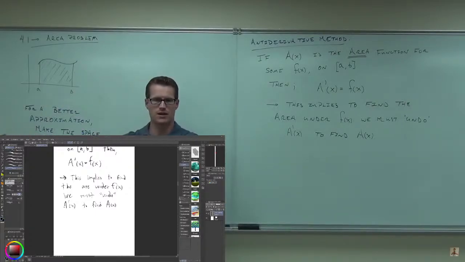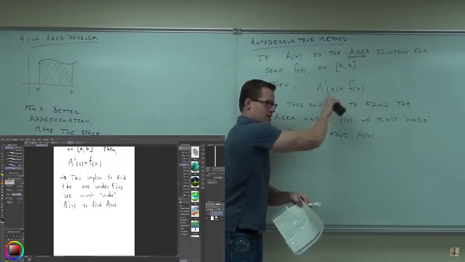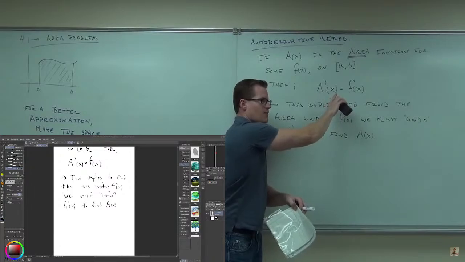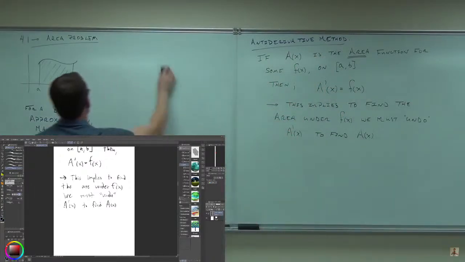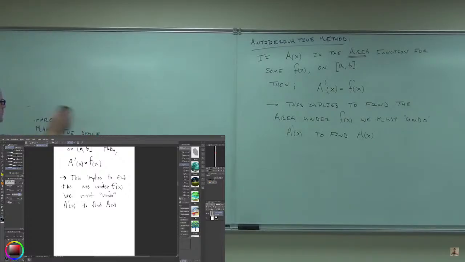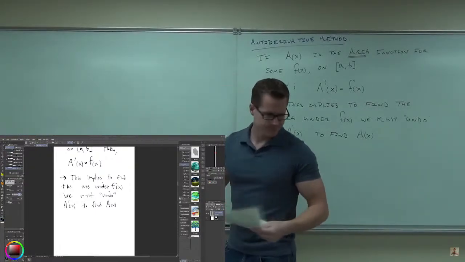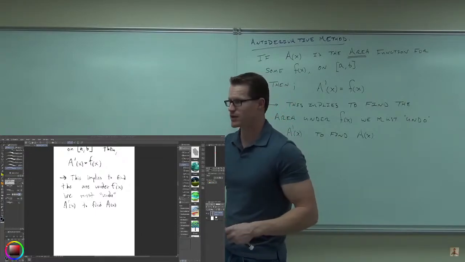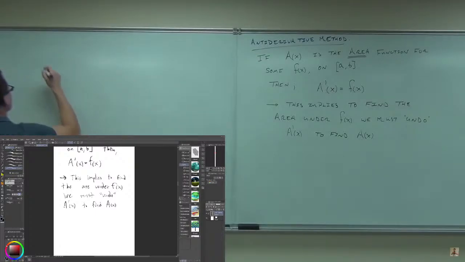If the function is the first derivative of the area, if I can undo the derivative, I get my area. That's the idea. That's the antiderivative method in a nutshell. A very quick statement. Now, let me do some of this with geometry to show you that it does in fact work. Then we'll get on into some antiderivatives and how to do those things.